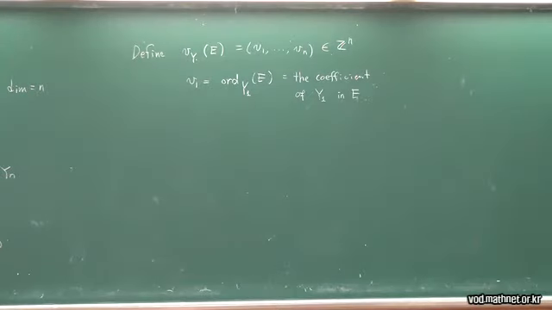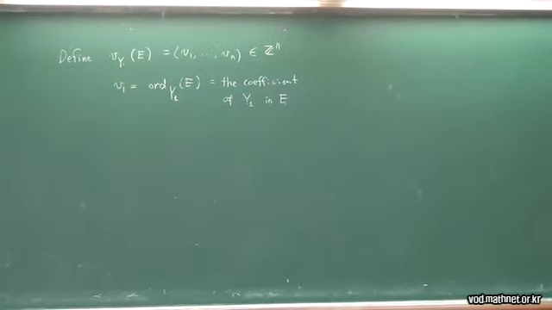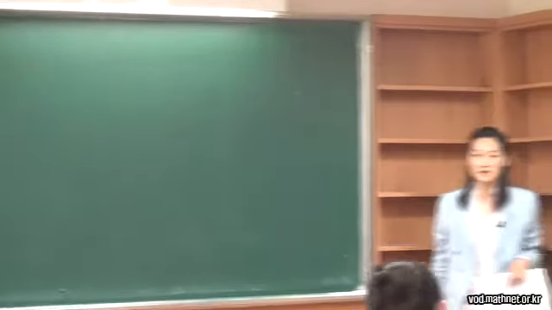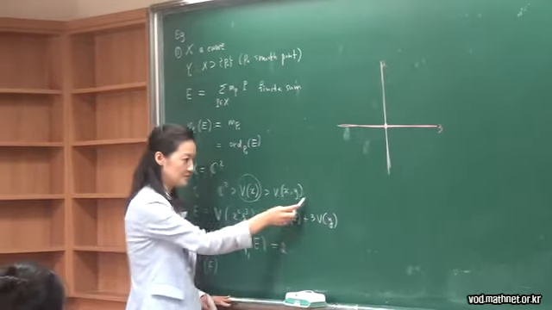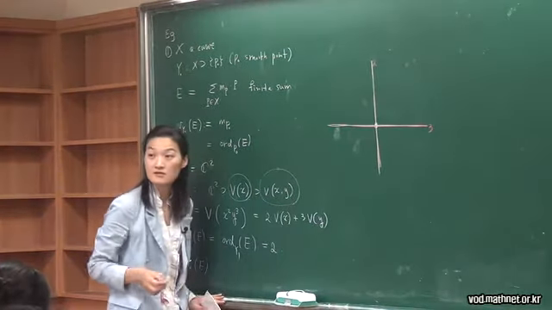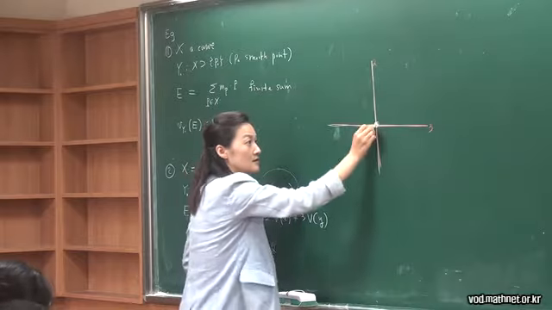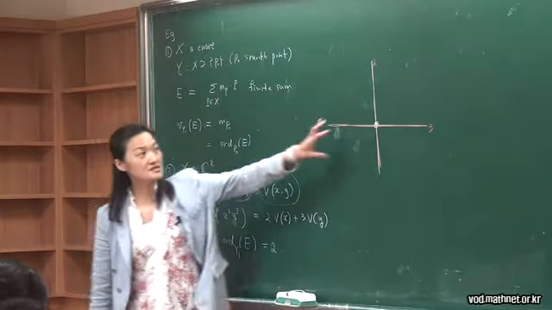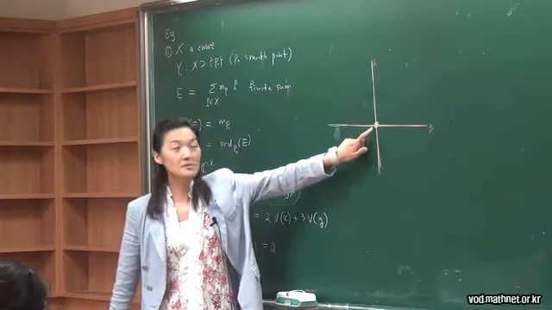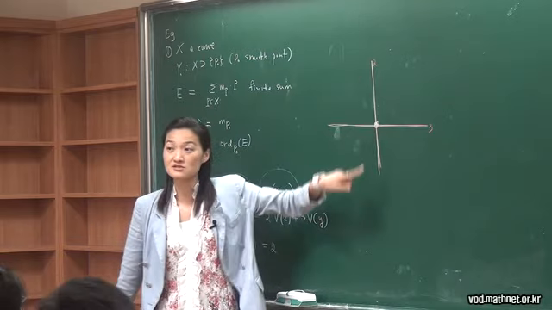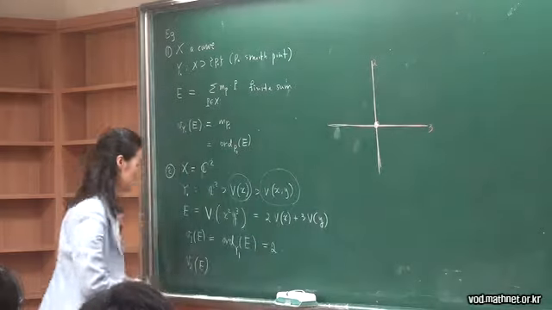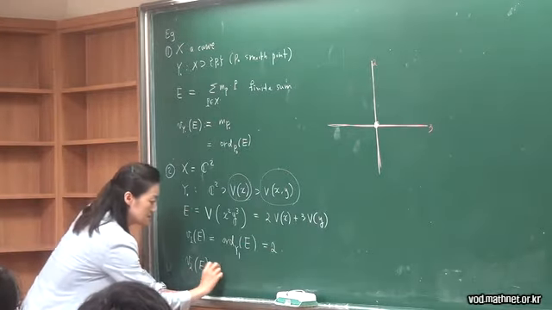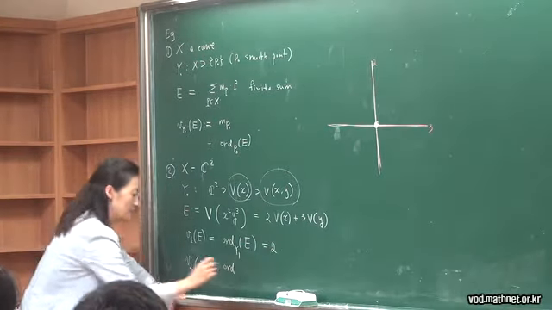Now what is v2? Obviously v2 has to do with this origin. If you just restrict E to the origin, it obviously vanishes because E contains it. So we have to subtract this part.